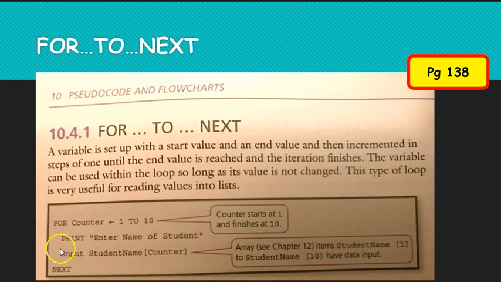Once it reaches 10 and that condition is met, it goes to the next set of code. It will keep counting, next counter and next counter, until it reaches 10, and then it will exit the loop because you've reached that range.